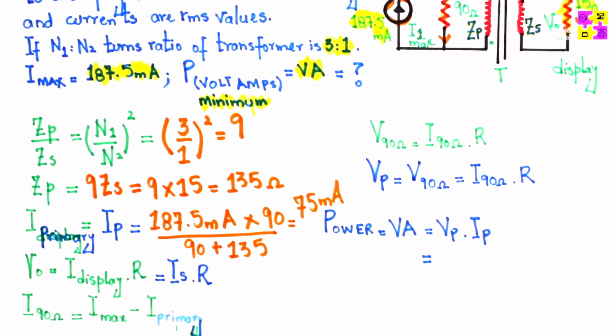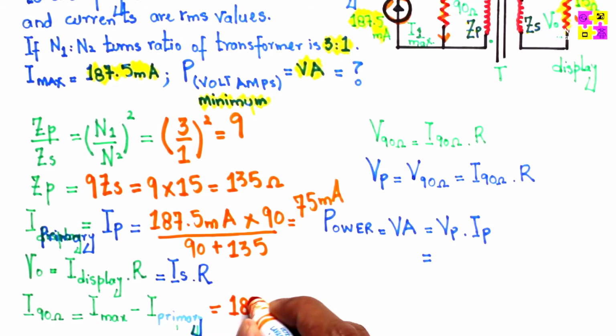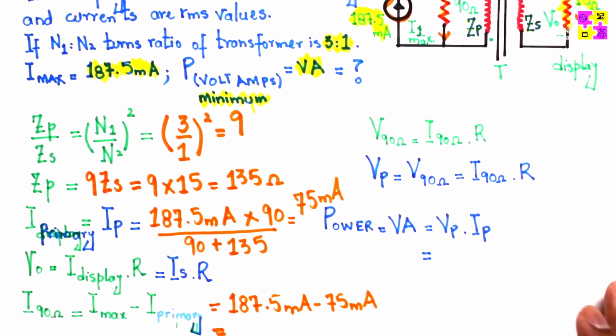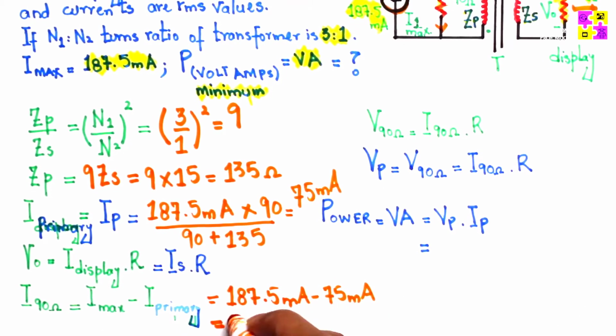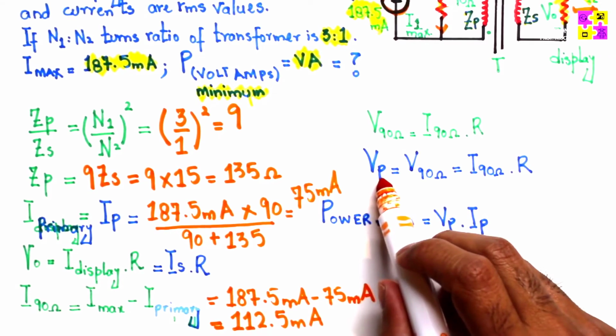Therefore the current flowing in the 90 ohm resistor is equal to the maximum current minus the primary current. If you plug in the values, we get 187.5 milliamp minus 75 milliamp, which gives us 112.5 milliamp.